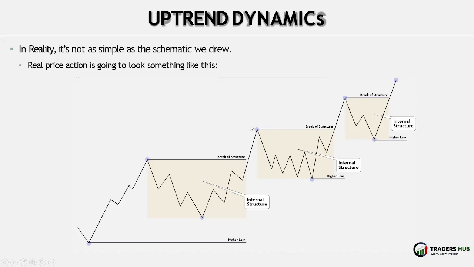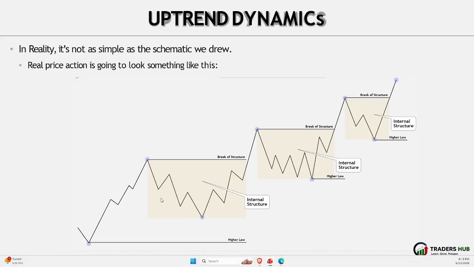As usual, after printing a higher high, the price has to move lower and print another higher low. This is internal structure, and internal structure is more visible on the lower time frame. Again, this higher low broke this higher high.